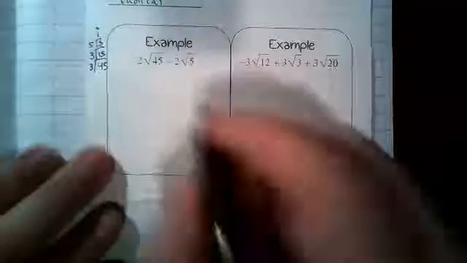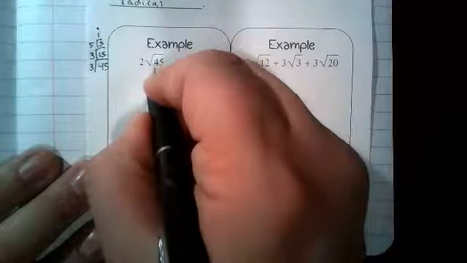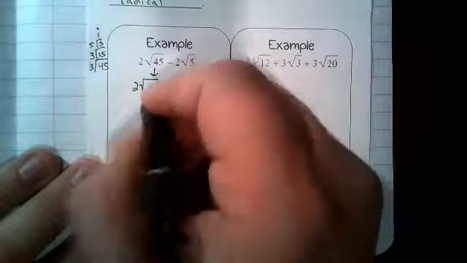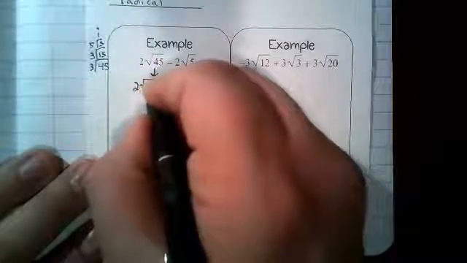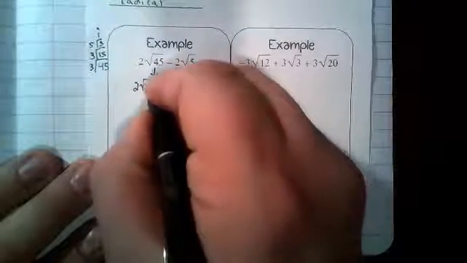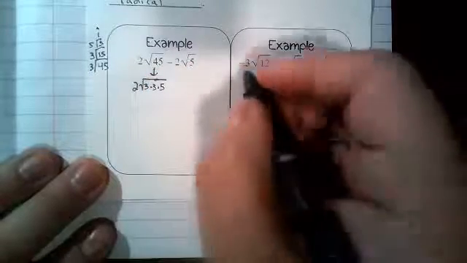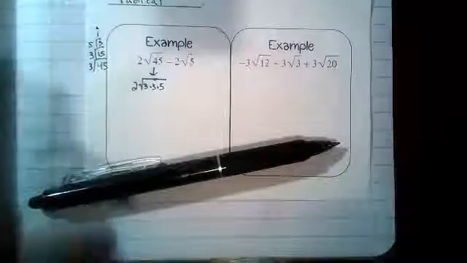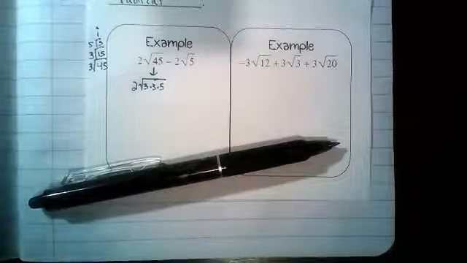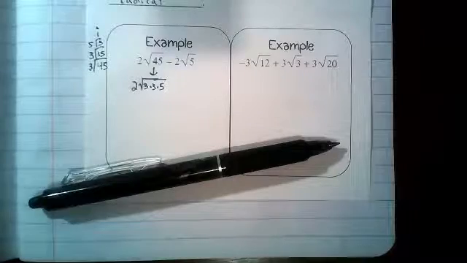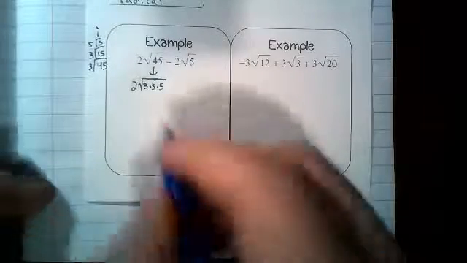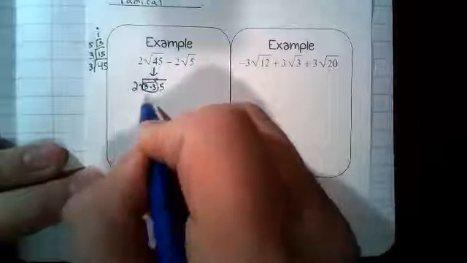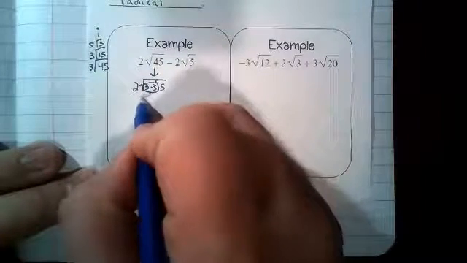So I can rewrite this as 2 times the square root of 3 times 3 times 5. Now because I've got some groups and I can take out groups of 2, just like the previous entry, I have 3 and 3 here, so I'm going to take out those 3's.